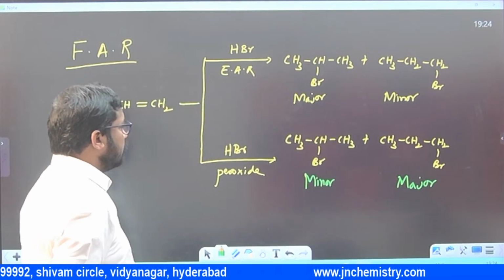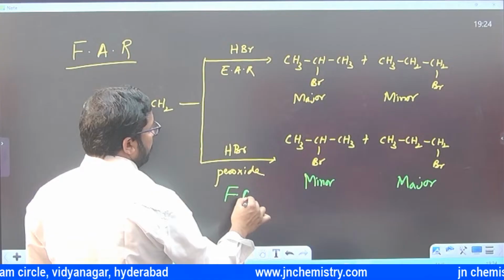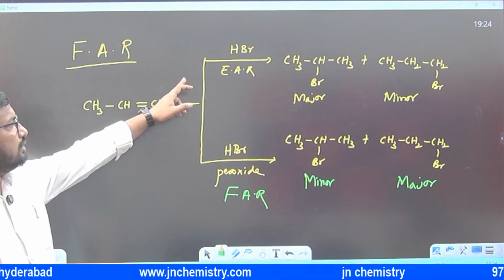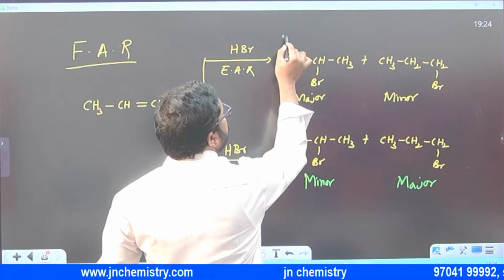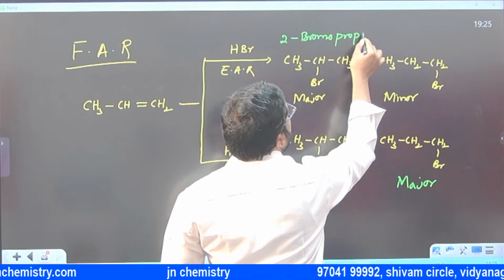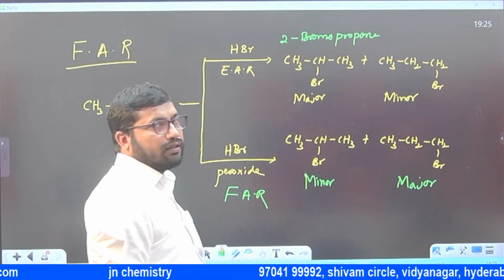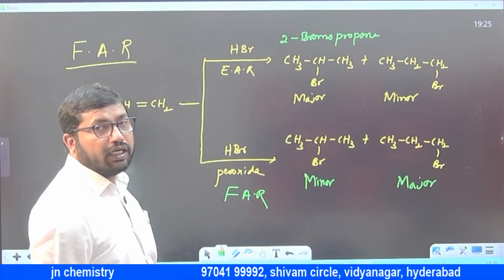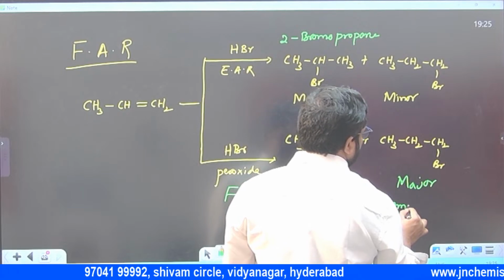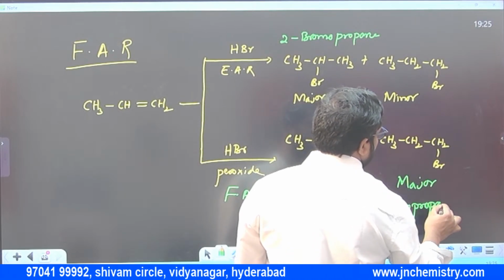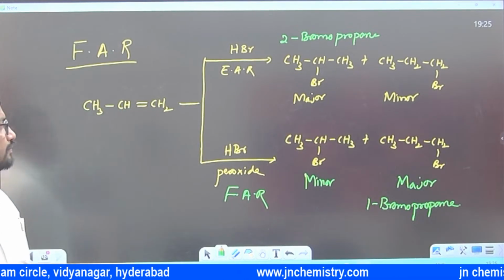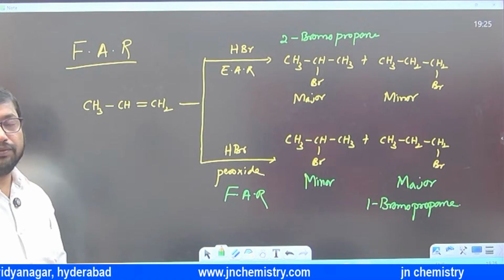It's the opposite. So which reaction is this? Free radical addition reaction. We should know the difference from electrophilic addition reactions. In electrophilic addition, 2-bromopropane is the major product, whereas in free radical addition, 1-bromopropane is the major product now. Write it down.